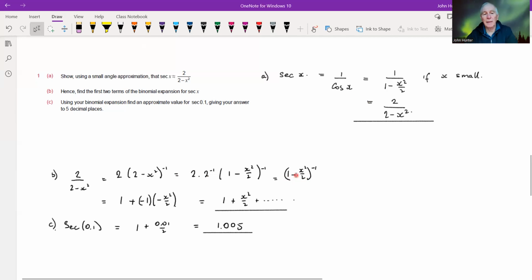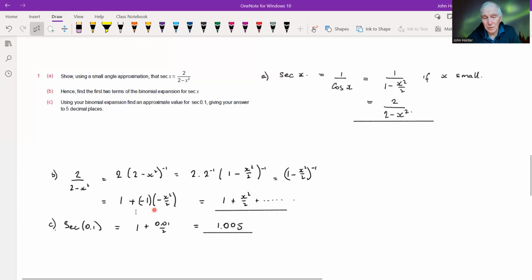And then if we expand that using the binomial expansion, we're just looking at the first 2 terms. There's going to be this. You're going to have to look at the video on the binomial expansion in order to understand that. In actual fact, it refers here to the binomial expansion.